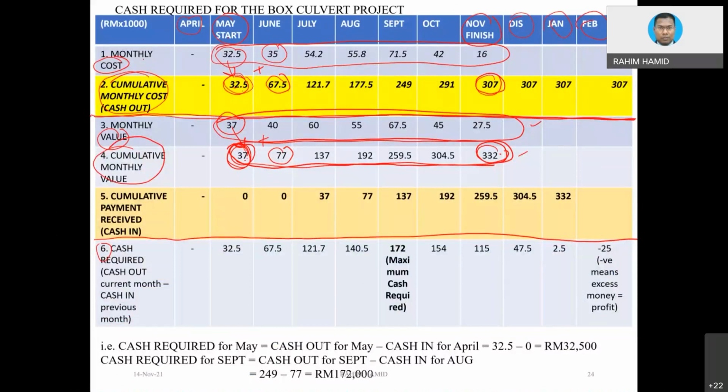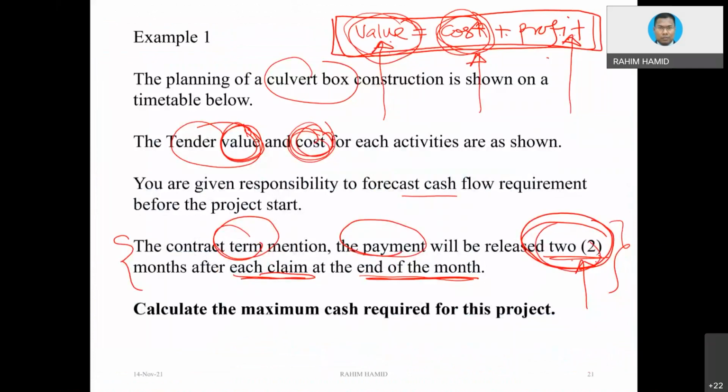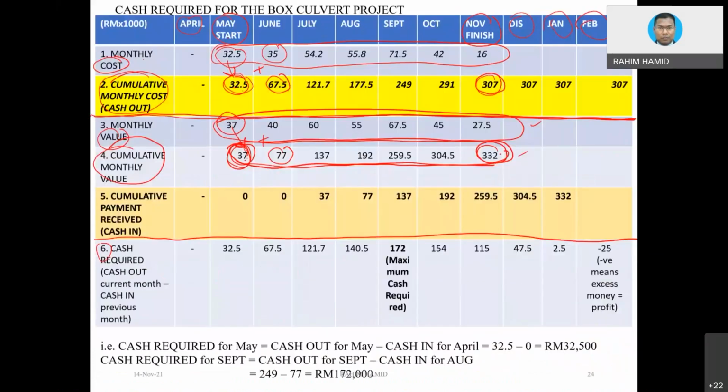So based on that information, payment will be released exactly 2 months after each claim. Okay. So now 2 months. Let's say we assume this is the first month of work, and then we submit the claim. Okay, this is basically already encroached 2 months.